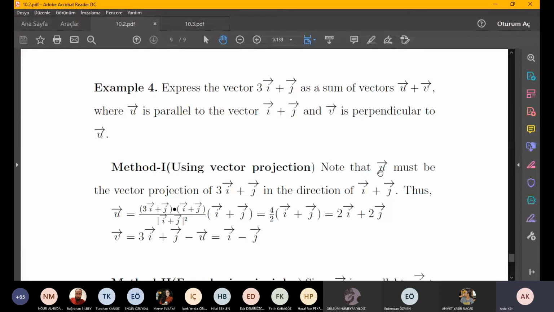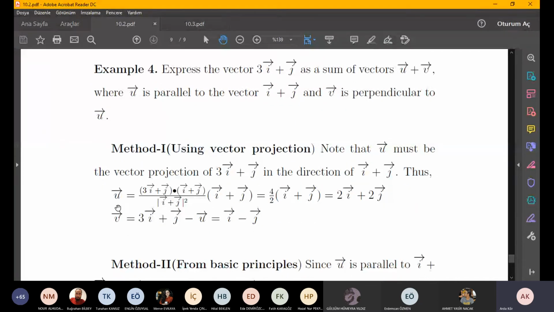So u must be the vector projection of 3i plus j in the direction of i plus j, since it is parallel to i plus j and also one of the vectors that sum to 3i plus j. They should have the same direction.